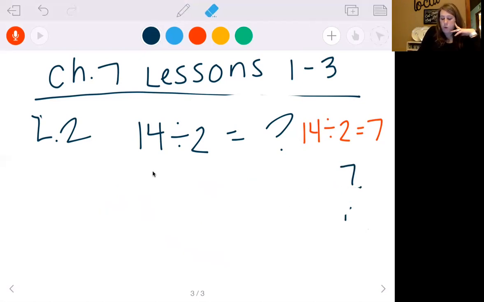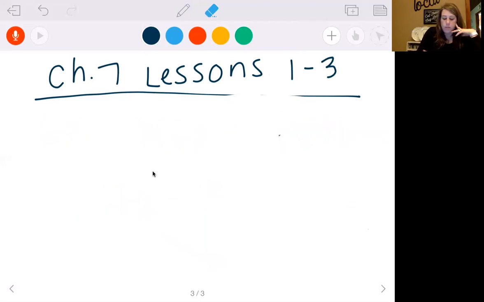On page 144, that's what I'm going to look at real quick. So they give us heart, heart, heart, heart, heart, heart. And they put them into 3 groups.